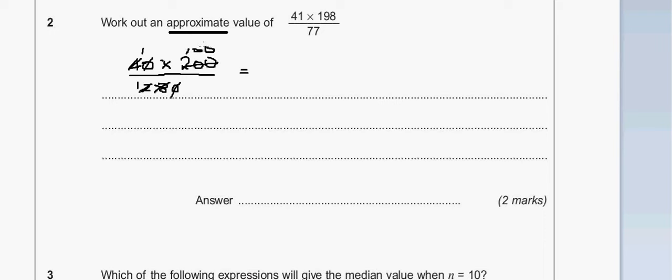Okay, so I'm left with 1 times 100, which is 100 over 1. Okay, examiners still want to see this because remember it's worth 2 marks. So this will give me 100. So my answer would be 100. Okay. Examiners want to see how you get there. The devil's in the detail. Okay.